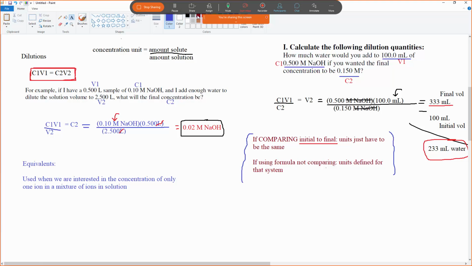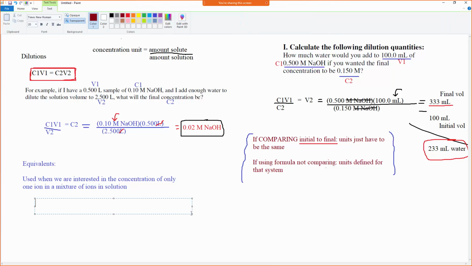All right, so what an equivalent is, one equivalent is equal to 1 mole of single charges. And it could be plus or minus, right? So one equivalent of negative charges is 1 mole of -1 ions, right? One equivalent of single charges could be 1 mole of +1 ions.